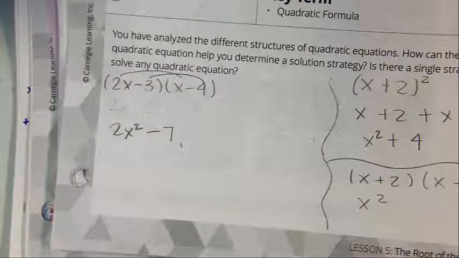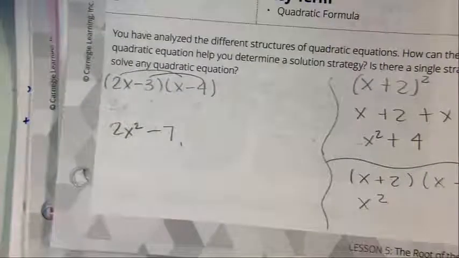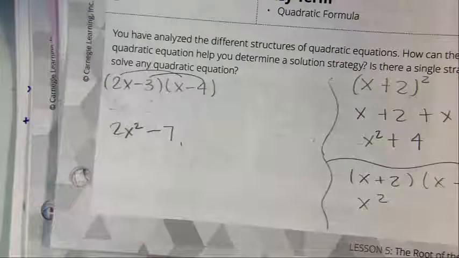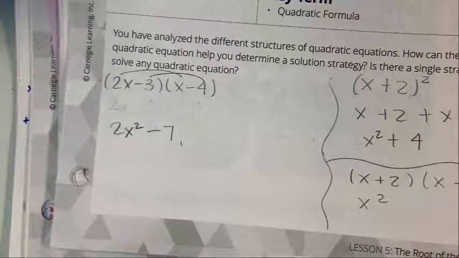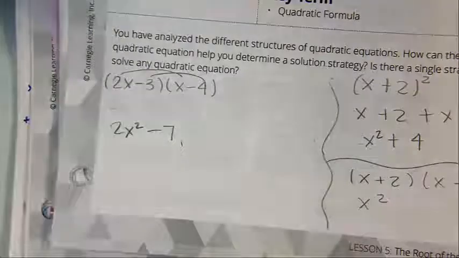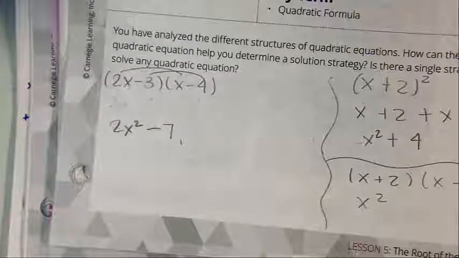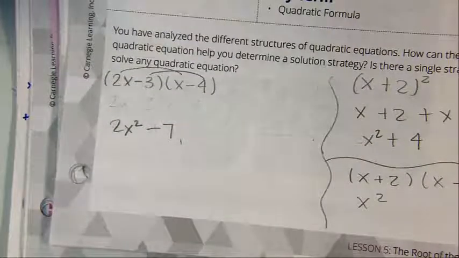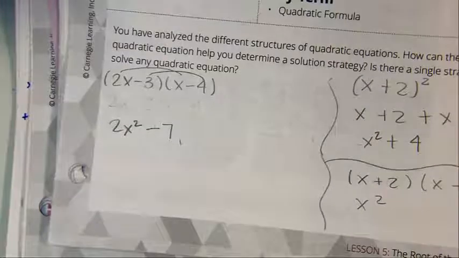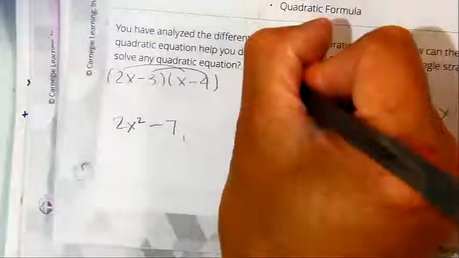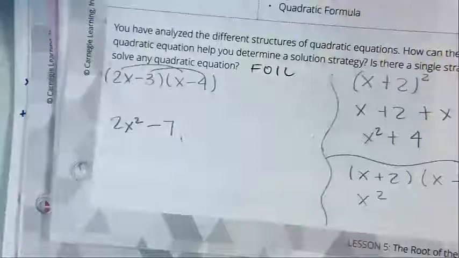Okay. This is a student work. No, I think they did FOIL wrong. That's correct. What do you think they were doing here? Which letters of FOIL were they doing? The first and last.